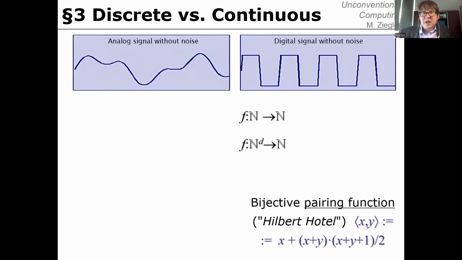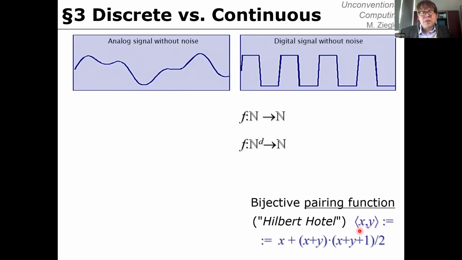It's also known under the moniker Hilbert Hotel, because Hilbert's Hotel has infinitely many rooms, but even when all rooms are occupied, and then a bus comes in with infinitely many passengers, then by rearranging the rooms in Hilbert's Hotel, one can make room for infinitely many more occupants. And this is described mathematically as this pairing function, which takes two natural numbers.